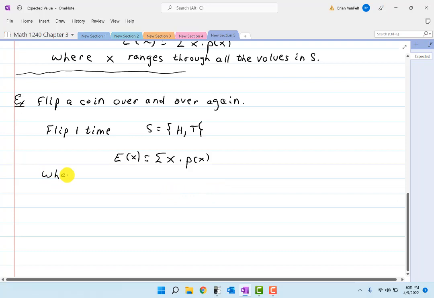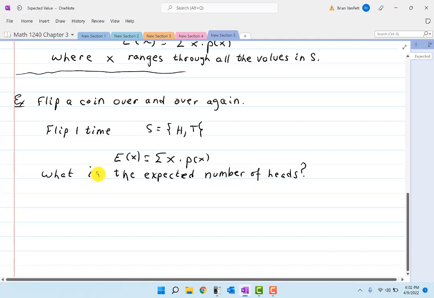What are the expected number of heads? Be grammatically correct.